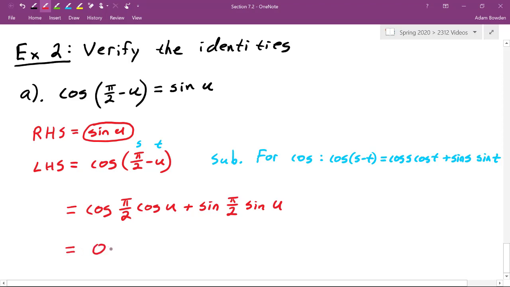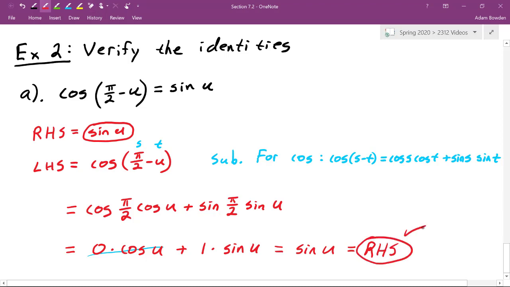For cosine, it's equal to 0. For sine, it's equal to 1. So since we see this as 0 times cosine u, that's going to go away, and all that we're going to be left with is sine of u. So that right away confirms to us that the left-hand side is indeed the same as the right-hand side.